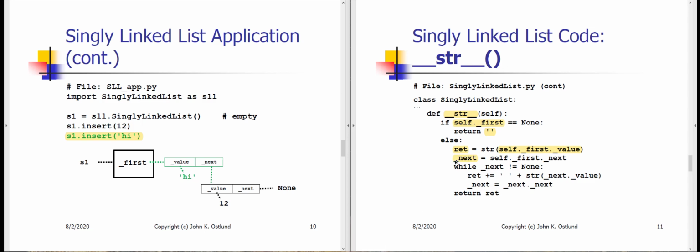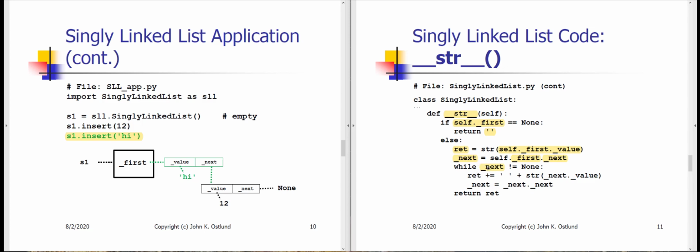Okay, so this is going to sound a little odd, but the first next node is going to be the next node following the first node in the list. Okay, so _next is going to get self._first._next. And while that next node reference is not None, that implies that there is yet another node whose value we need to append to our string.